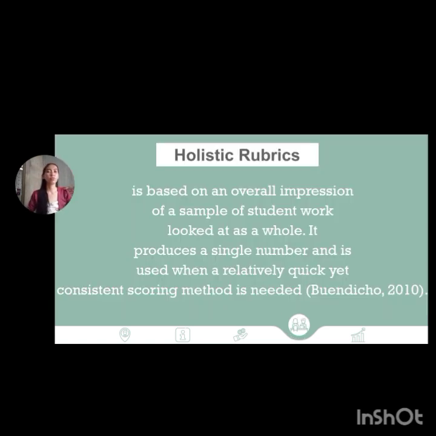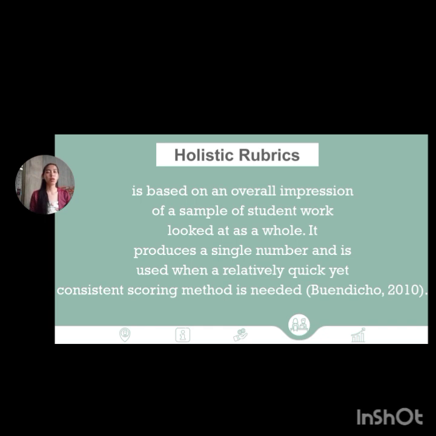Holistic rubrics are based on the overall impression of a sample of student work looked at as a whole. It produces a single number and is used when a relatively quick yet consistent scoring method is needed, Bunderson 2010.